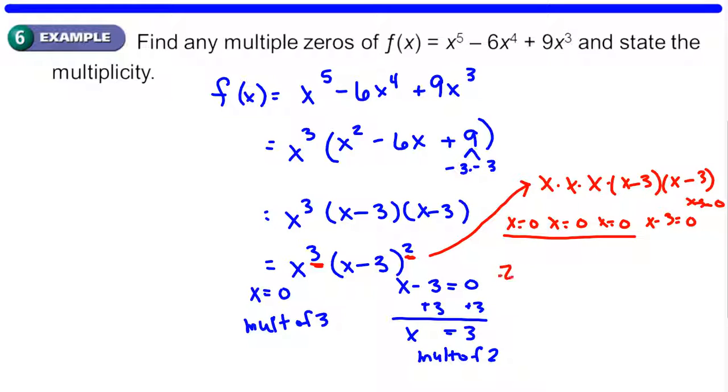So you have a 0 at 0, multiplicity of 3 because it happens 1, 2, 3 times, and you have a 0 at positive 3 with a multiplicity of 2. So either way of working these out is acceptable. The red method might be easier to see to begin with, and then eventually do it the way that we have over here.